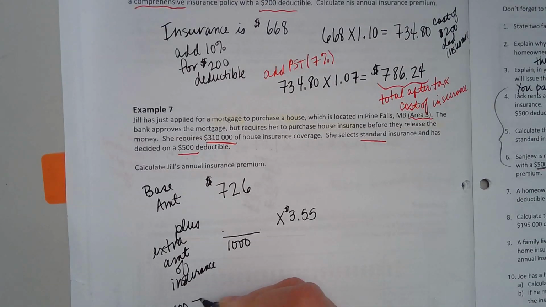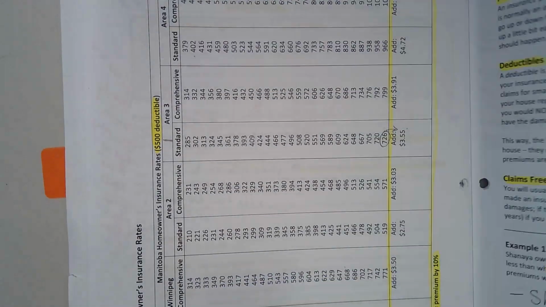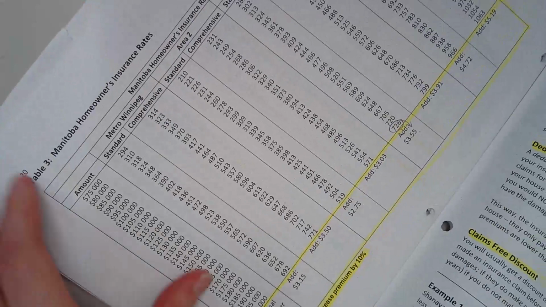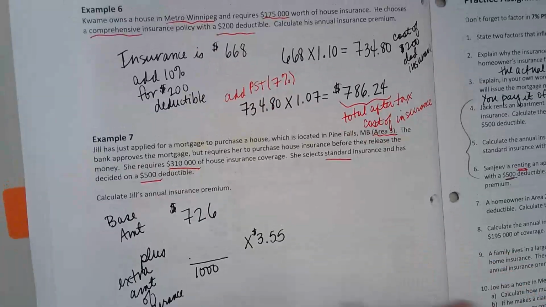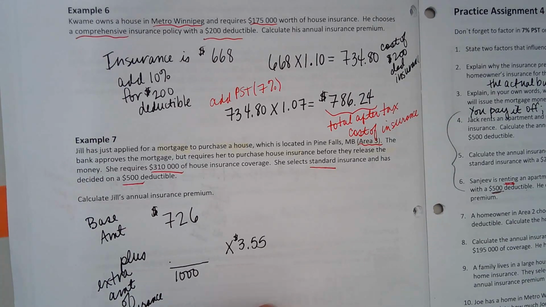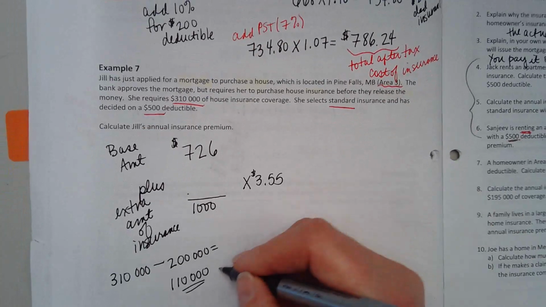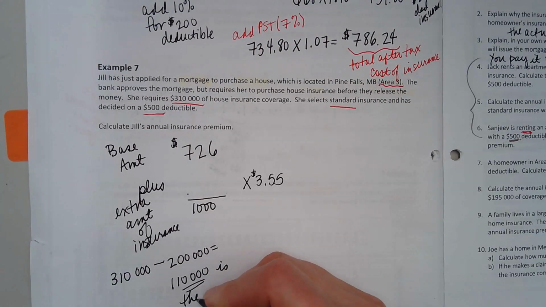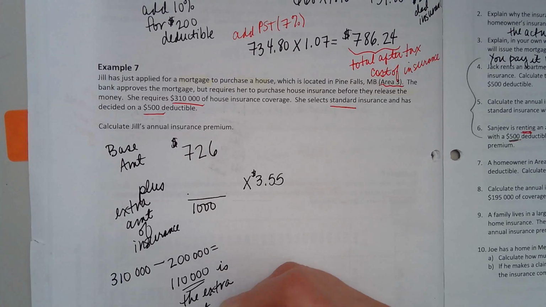And what do I subtract out, Darius? The very last number on the chart only went up to 200,000, right? So right now he's insured up to 200,000. So I just have to figure out the extra amount. So 110 is the extra amount needed.